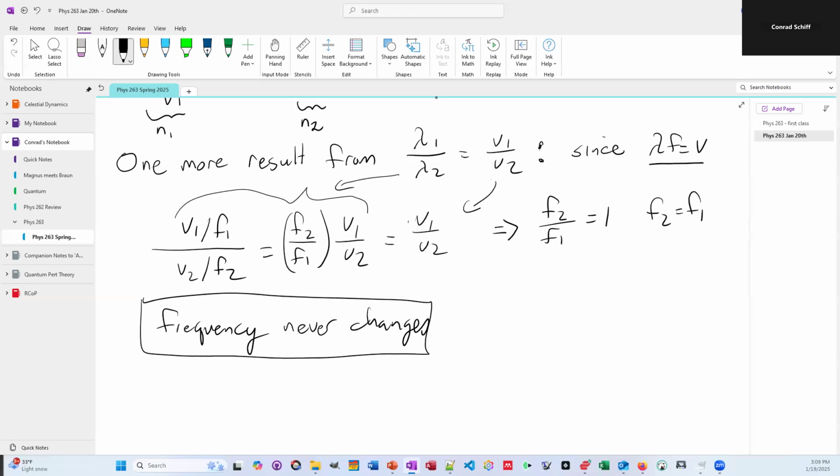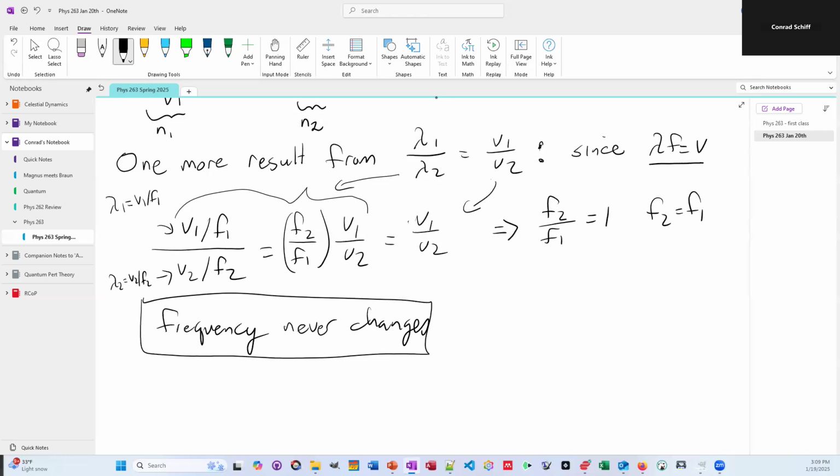In other words, we can say that lambda 1 is equal to v1 over f1. And we can plug that in right here. So lambda 1 equals v1 over f1 goes right there. And likewise, lambda 2 equals v2 over f2 goes right there.